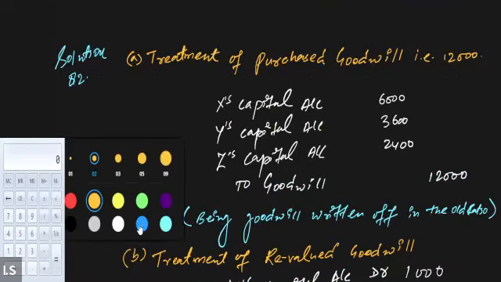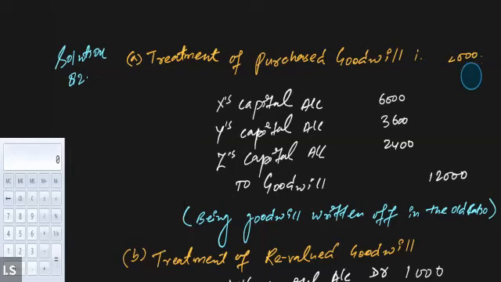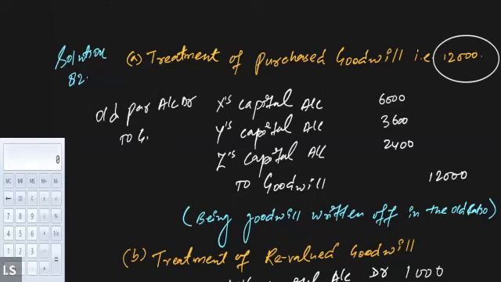Since it is purchased goodwill, we need to write it off from the books of account. For that, we pass a general entry: old partners' capital account debit to goodwill account. That is what I have done here.